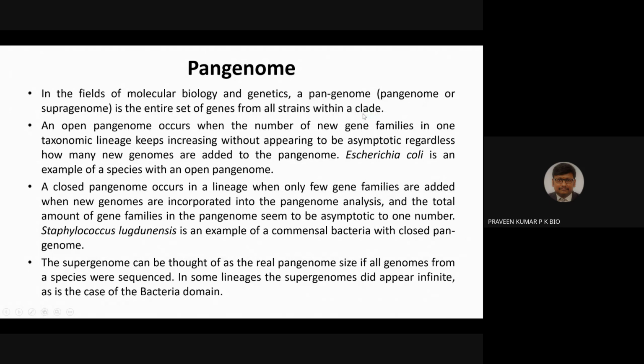All different strains: Mycobacterium bovis, Mycobacterium tuberculosis, Mycobacterium septicemia. We have different species, so we can bring them together. And even we have a human pangenome. Now, the first human pangenome was constructed from 47 ethnic people.